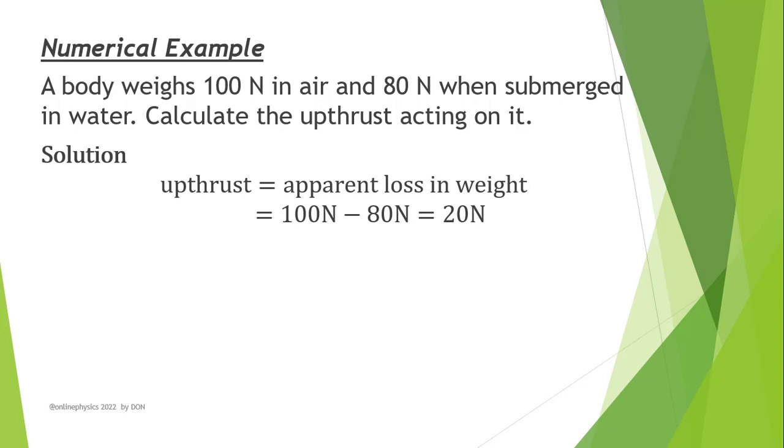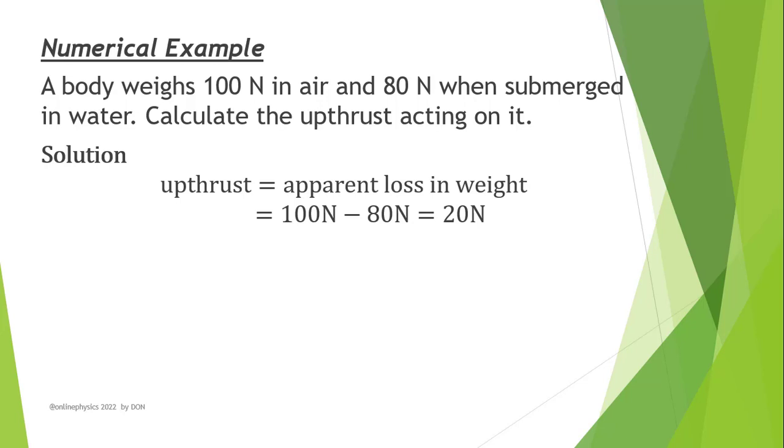Now we can look at how we can calculate the upthrust force. The example is: a body weighs 100 newtons in air and 80 newtons when submerged in water. We are expected to calculate the upthrust acting on it. Then now you can check our solution. Upthrust force is equal to the apparent loss in weight, and this is the weight of an object in air minus the weight of the object in water.